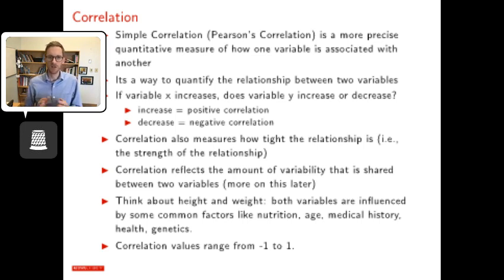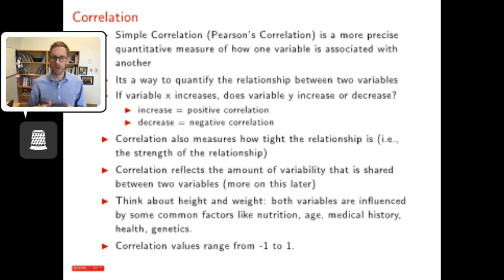Correlation, as we saw in the scatter plots, also measures how tight the relationship is. That is the strength of the relationship. So as we get closer to 1, that's a strong positive correlation. And as we get closer to -1, that's a strong negative correlation. Correlation also describes the amount of variability that's shared by these two variables.